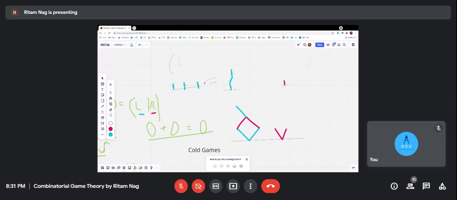Is that all right? So you can see why 1 plus 1 plus 1 equals this game, and why it makes sense to define this as 3. So you can also see what the definition of 1 is. 1 is simply 0 slash the null set, where 0 is as before.